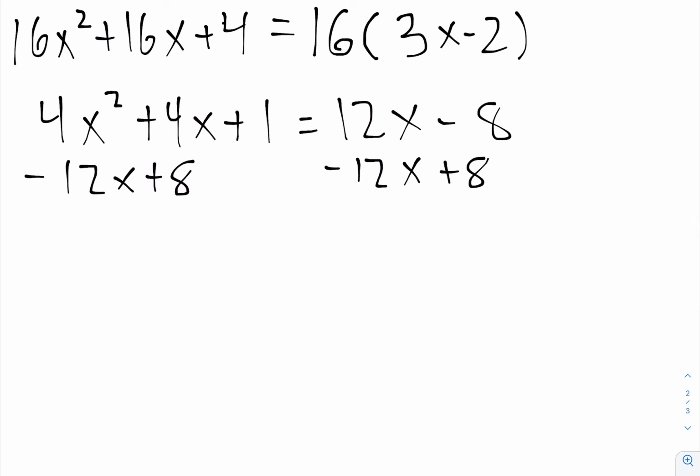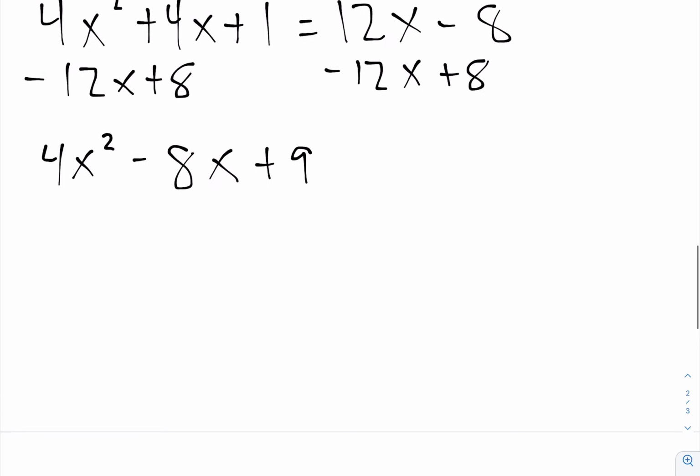Okay, so the 4x squared stays the same. But then we have this 4x minus 12x, which is going to be minus 8x. Right, and then we're going to have 1 plus 8, so plus 9. Okay, so right now, this is going to be equal to 0.